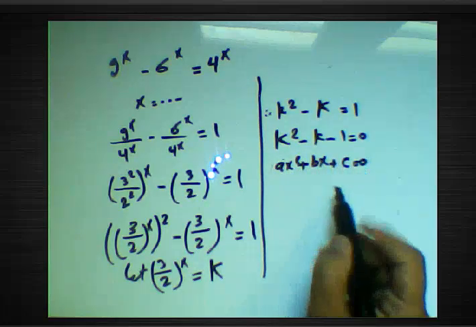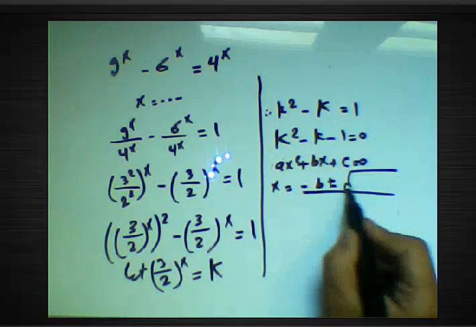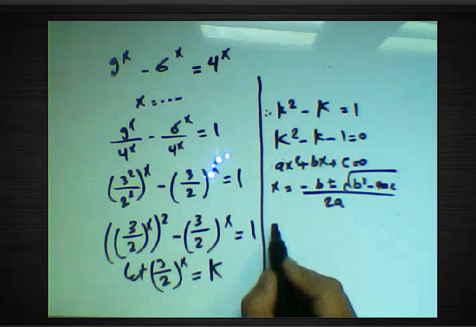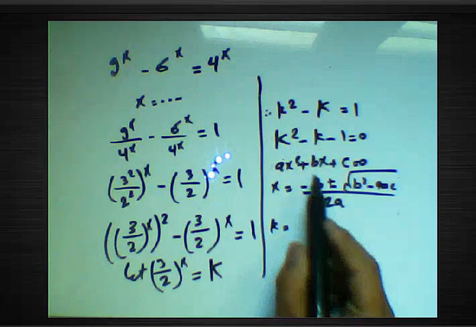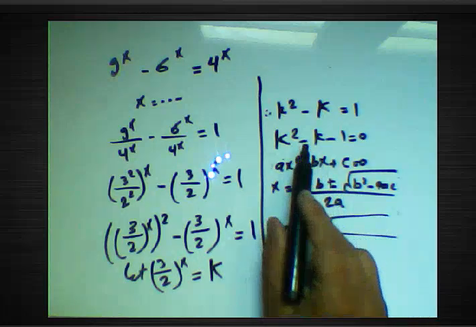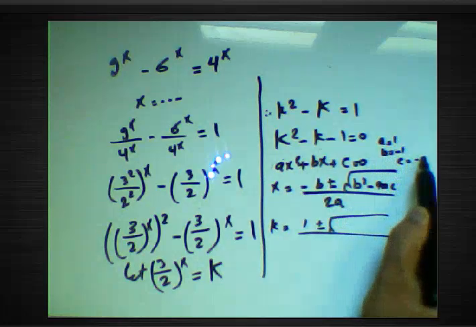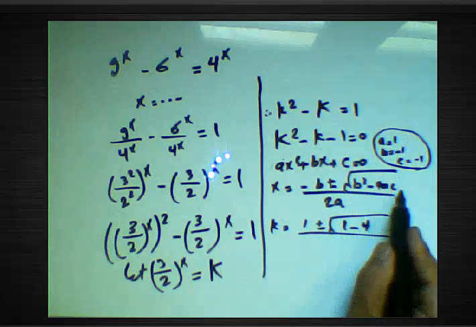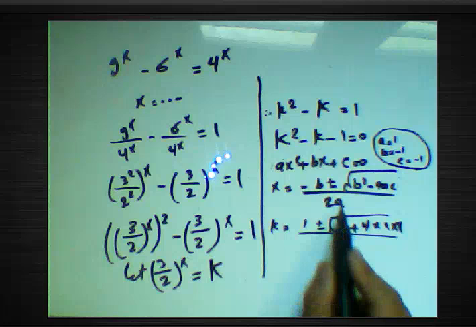Then x equals negative b, positive or negative, square root of b power 2 subtract 4ac, over 2a. Then with k here, b equals negative 1, so negative b will be 1, positive or negative, square root of b power 2, where a equals 1, b equals negative 1, c equals negative 1. b power 2 will be 1, subtract 4 times a times c, which is 1 times negative 1, so it will be positive, over 2 multiplied by a.